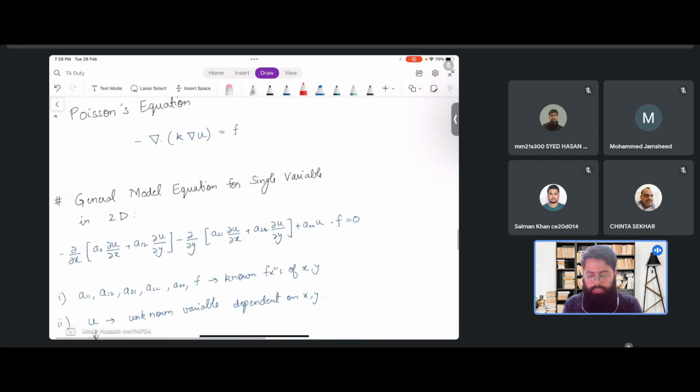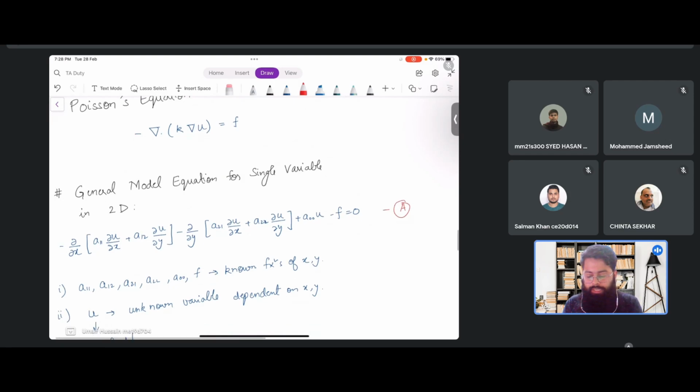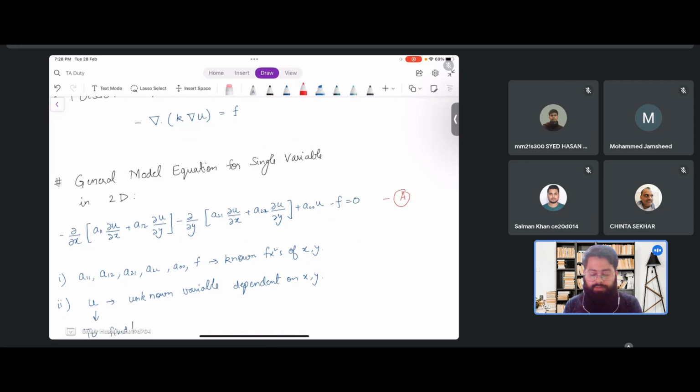Next, any single variable 2D differential equation can be generalized using this equation. So here, all the A1, A2, A11, A12, all these values are known functions of x and y, and u is an unknown variable, which is a function of x, y. So u now varies in the 2D xy plane.